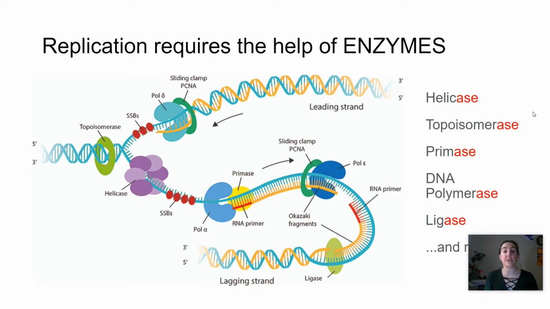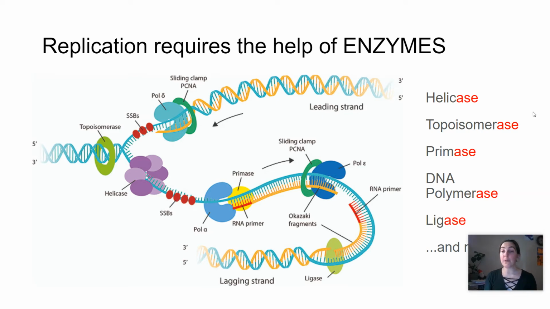We're not going to learn about all of these in this class, but I want you to notice that enzymes frequently have a name that ends in ASE. That's a really good thing to notice because it can help you remember what those molecules are and what their job is. So anytime you see something with a name that ends in ASE, that's most likely an enzyme.